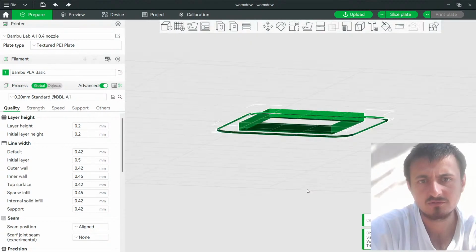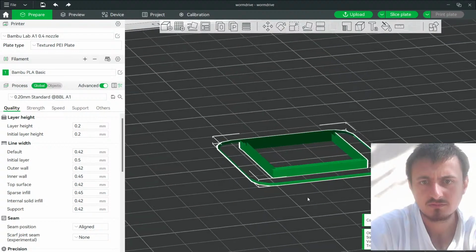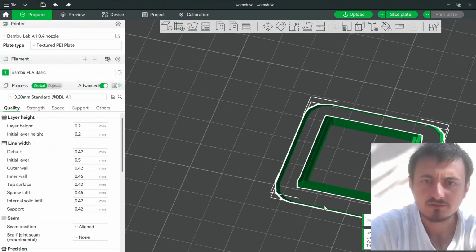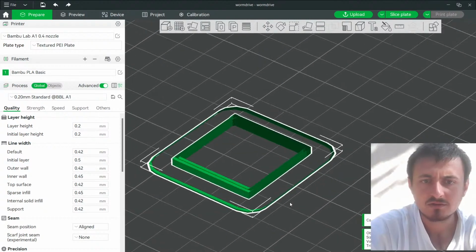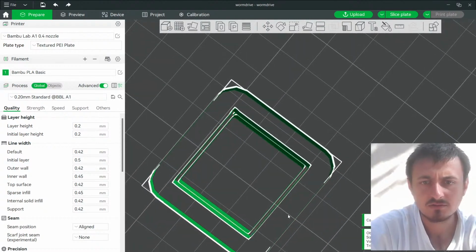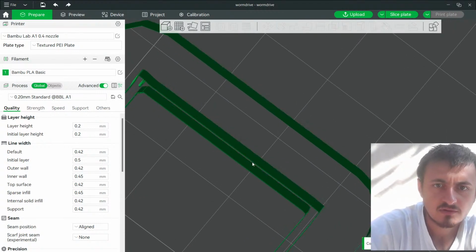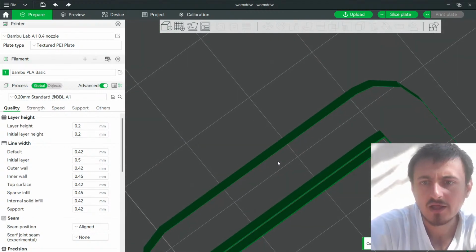Oh, also? That's okay. Does this overlap? I don't think it does.